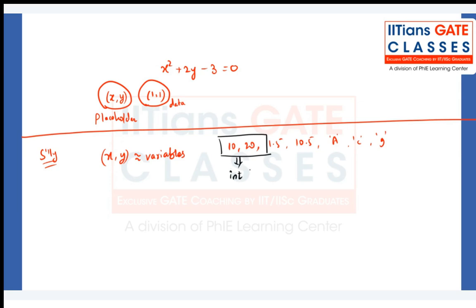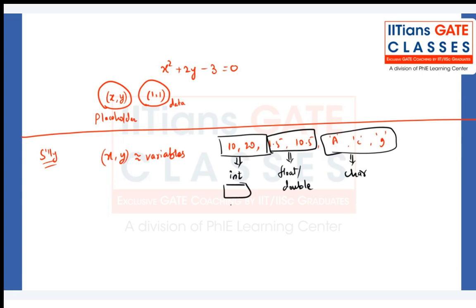These are integers. This can be stored in float or, let's say, double data types, and these are your character data types. Each of these data types can be seen as a small container. Let's say this is an integer, this is a 2-byte container.